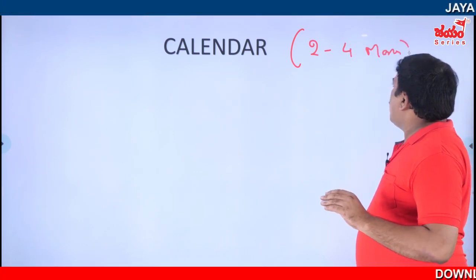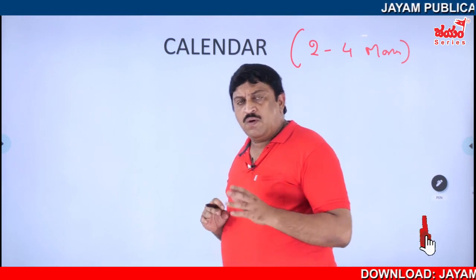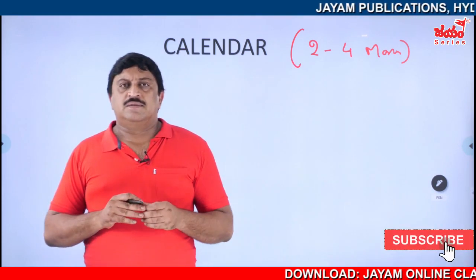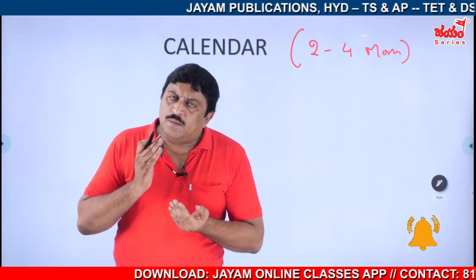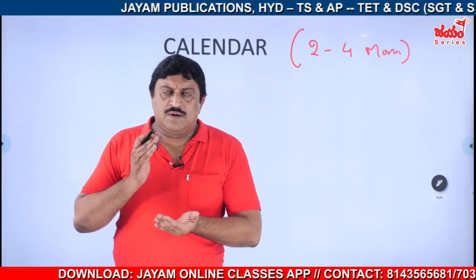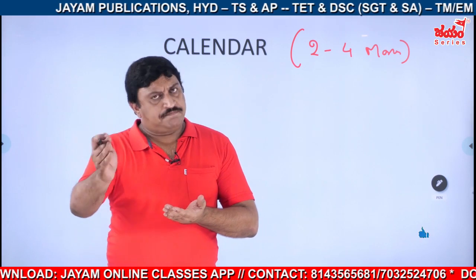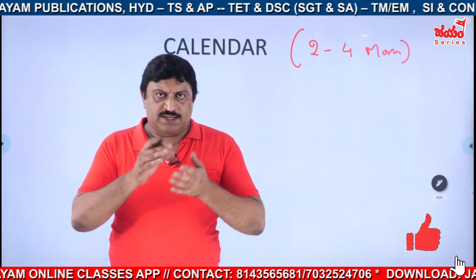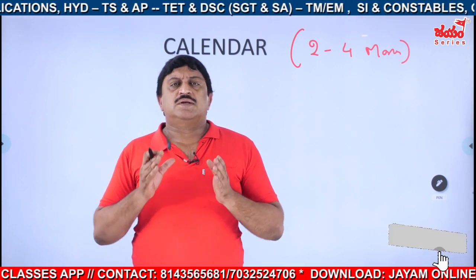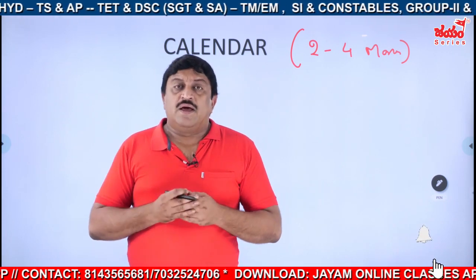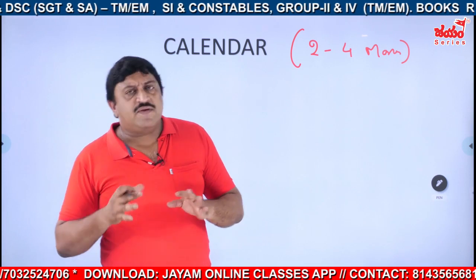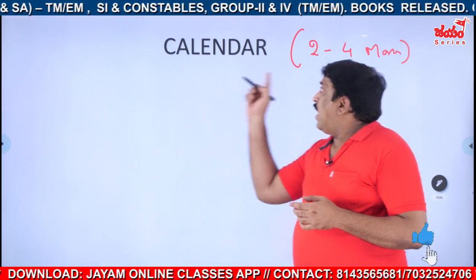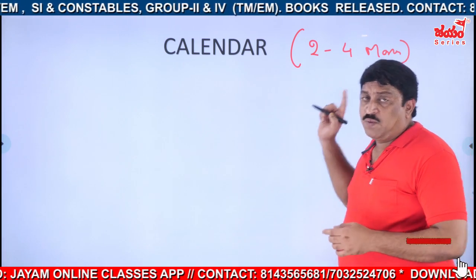So minimum 2, maximum 4 is the case with the calendar. All the exams, whether it is police exams or group 1, group 2 state services, or any other railway RRB exam, bank exams, wherever you come across, you will have minimum 2 questions, maximum 4.